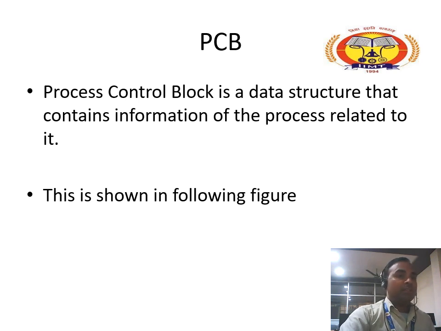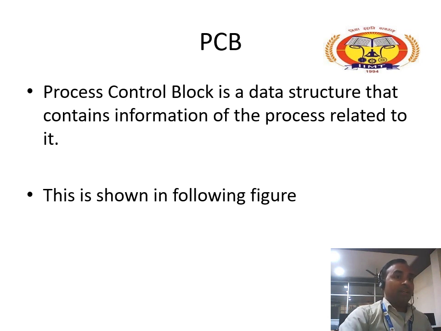Dear students, there are so many processes which are to be executed by the CPU. The processes are kept in a pool. Listen to it very carefully. All the processes are kept in a pool. That pool is known as the job pool.